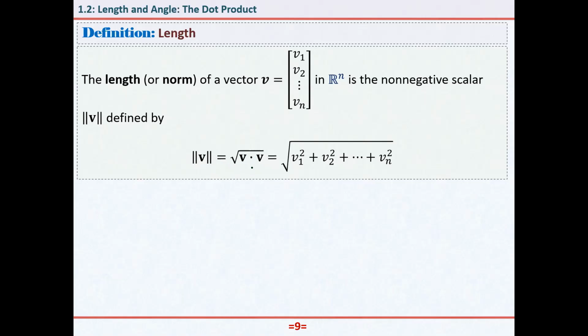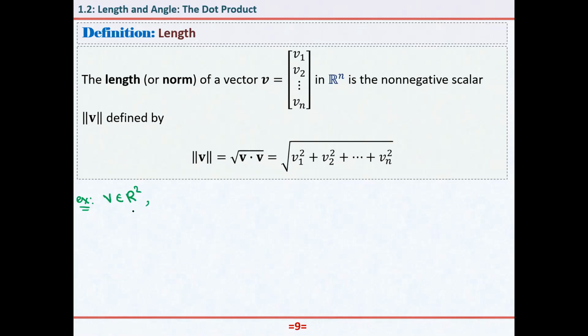From here, we know how to evaluate v dot v. That's equal to the square root of v1 squared plus v2 squared plus and so on up to vn squared. As an example, take one vector from two-dimensional space.